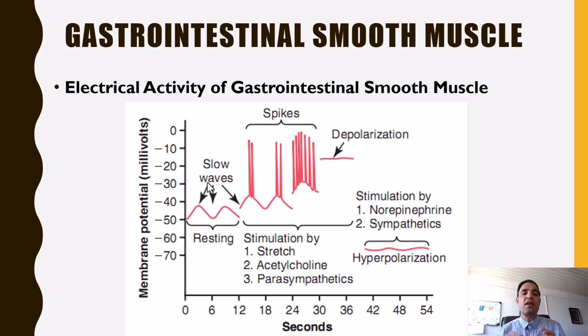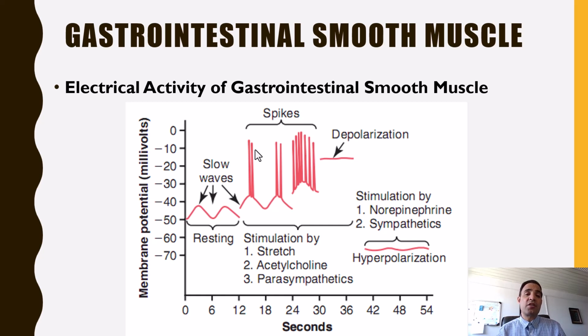But if the smooth muscle is stimulated by anything, such as stretching, the stimulation of acetylcholine, stimulation of the parasympathetic nervous system, and several other hormones, particularly the chemical content of the food and the stretching that it generates, this will increase the amplitude of the slow waves. And as you see, a slow wave will cross the threshold. What will happen then? At the top of this slow wave, some spikes are generated. You see the spikes, and the spikes mean that action potentials are generated.